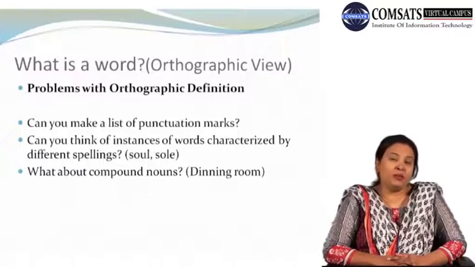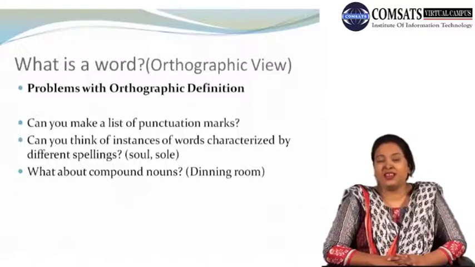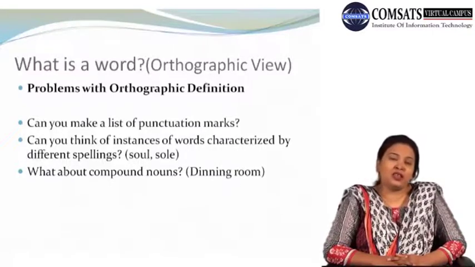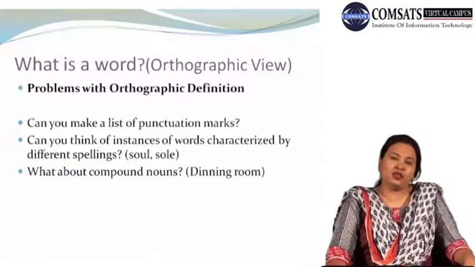So should I treat them as two different words? But my knowledge tells me that dining room is a single word, it is a compound noun. So this way the orthographical definition of the word "word" has certain complications.